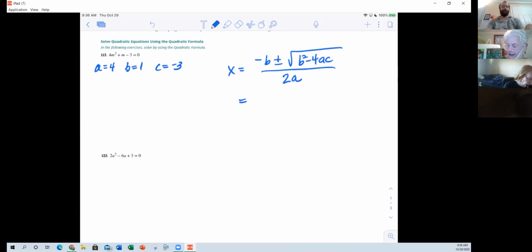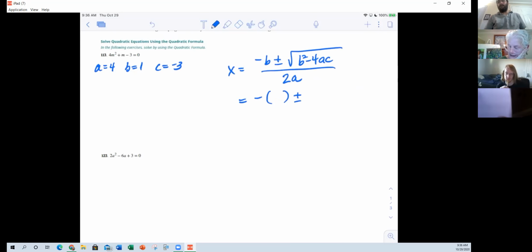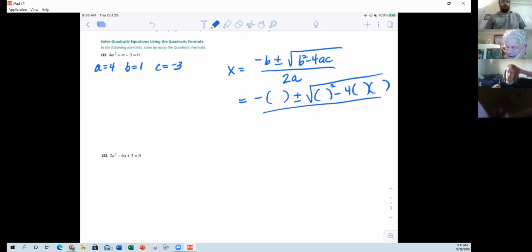And this would be -B plus or minus the square, oops, sorry. This would be, my brain sometimes, -B plus or minus the square root of B squared minus 4AC, all of that over 2A.